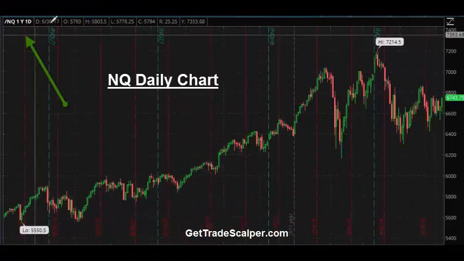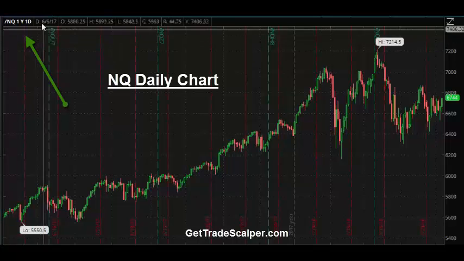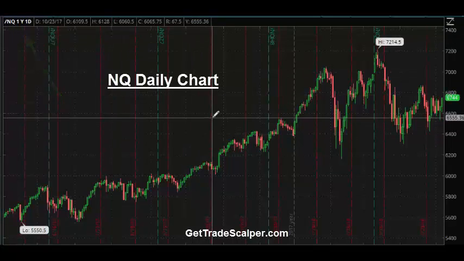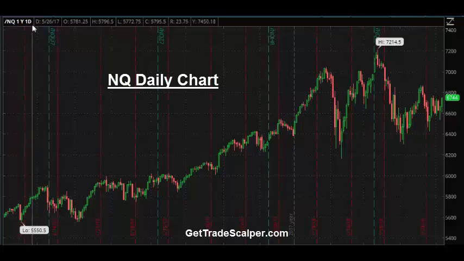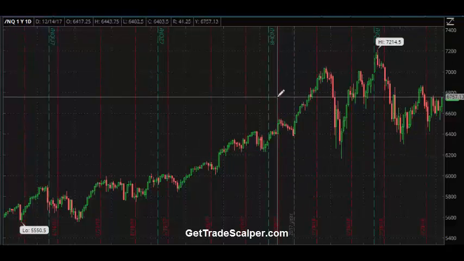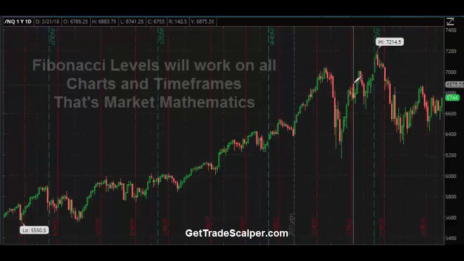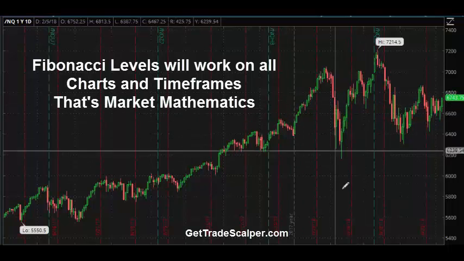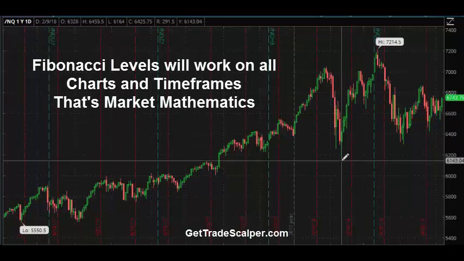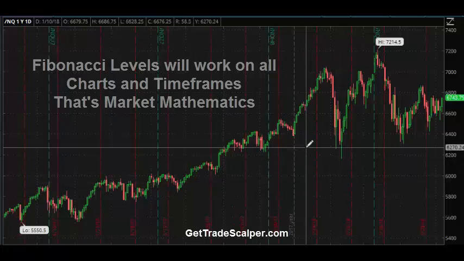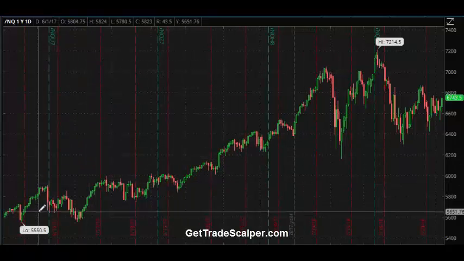All right, I'm back. This time we have the Nasdaq chart up, right? And this is a daily chart. It could be a 5-minute or 1 minute, but I just want to show you the Fib retracement tool.